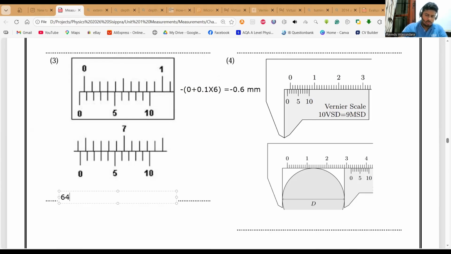Therefore, 64 plus 0.1 multiplied by the coinciding division, which is the third one, 3. And this is a negative zero error. Therefore, you have to add 0.6. So it is 64.3 millimeters plus 0.6. That will be 64.9 millimeters.